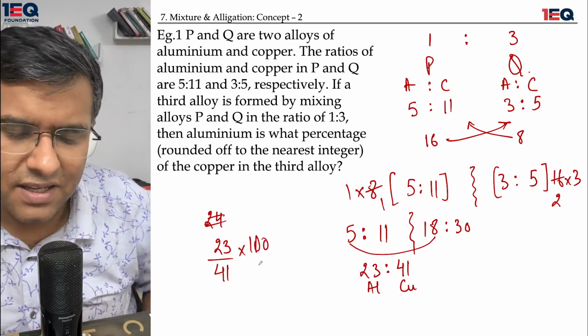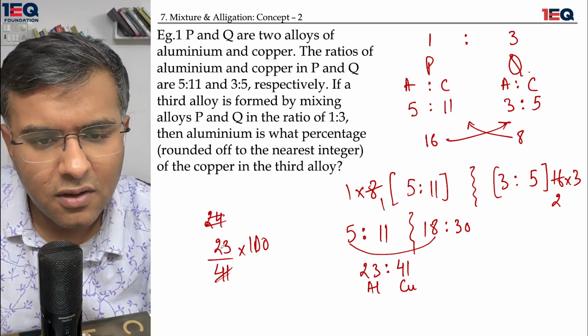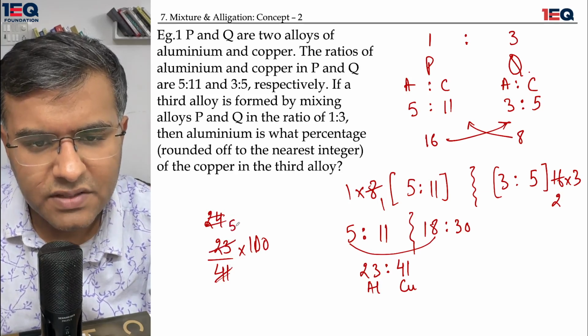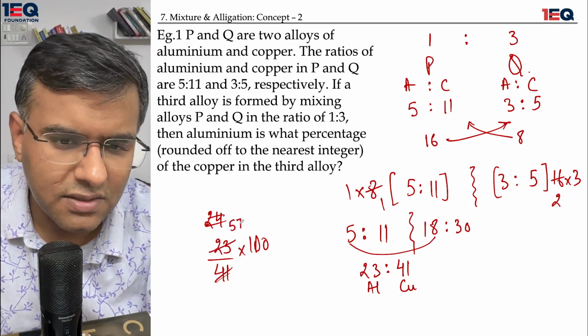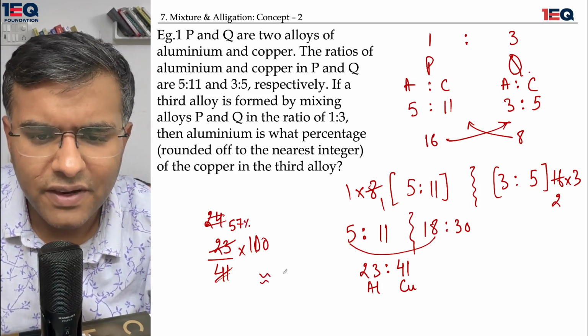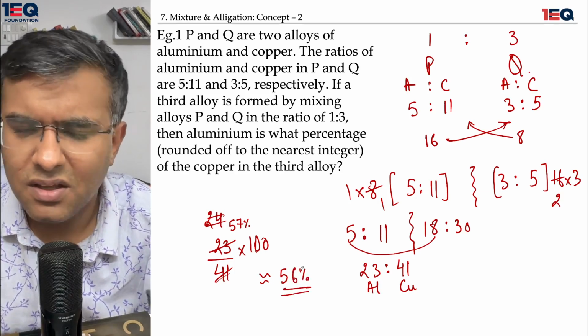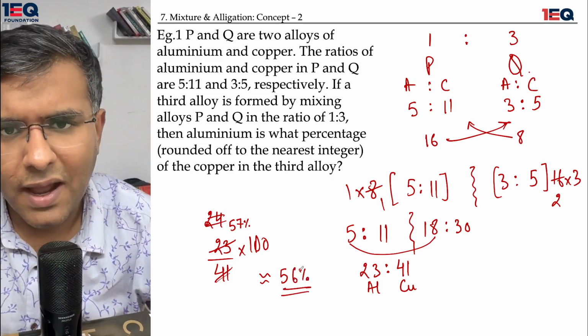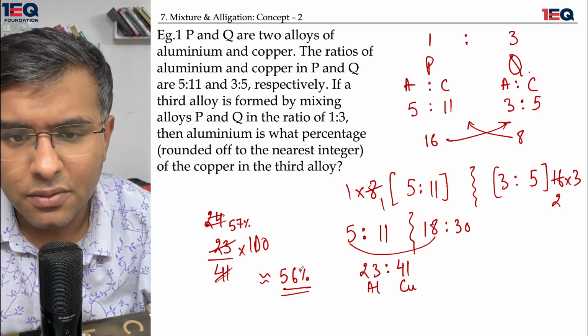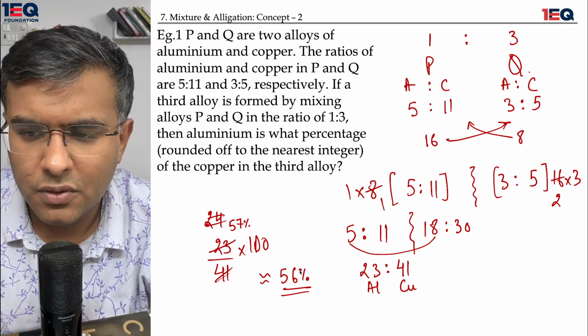This is all it is asking me. So I'll quickly try to solve it in a round off way. 4 ones are 4, 4 fives are 20, and I think somewhere around 57%. So roughly 57 or 56% would be the answer. I hope I have made myself very clear here. I'll quickly move on to the next question.